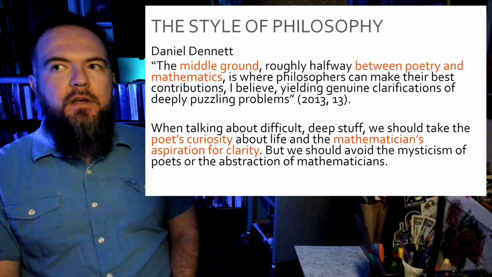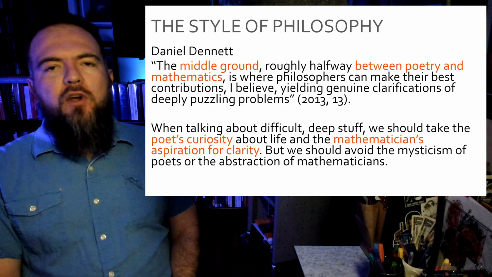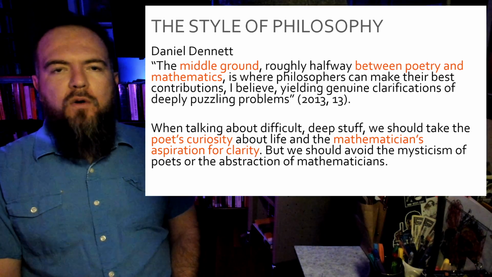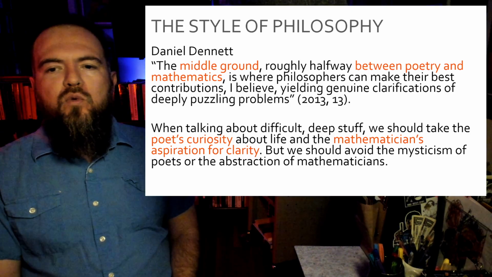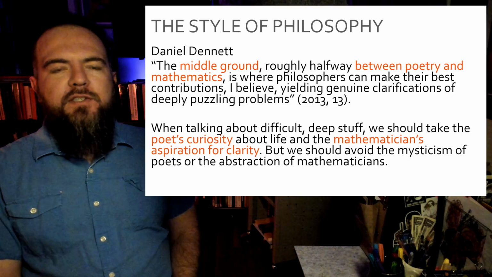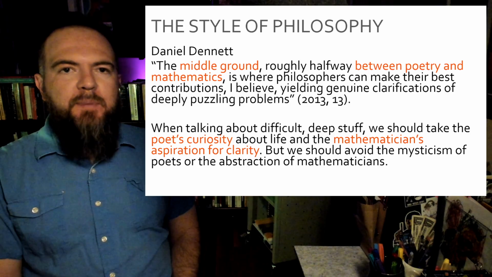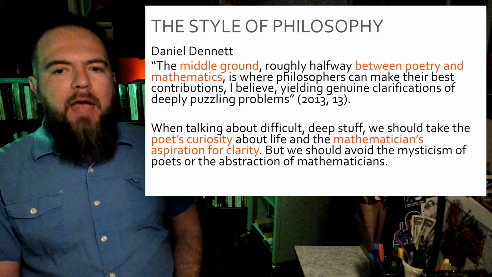Okay, so he sees philosophy as a middle ground between poetry and math that deals with really difficult questions and puzzles, but actually clarifies them to a certain extent. What I take this to mean is that whenever we're talking about really difficult and deep stuff, we should try to share the poet's curiosity. Poets are really curious about the world. They're really in tune with their experiences, how people are living. They're connected to life, and we should keep that.